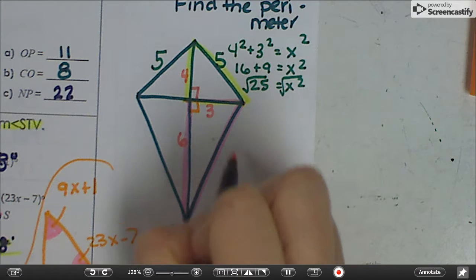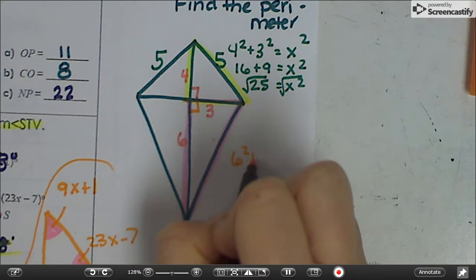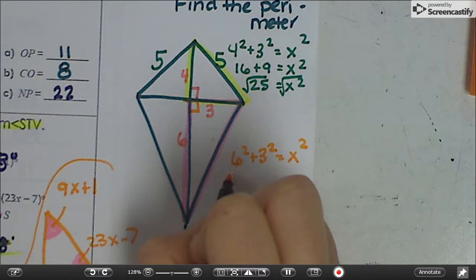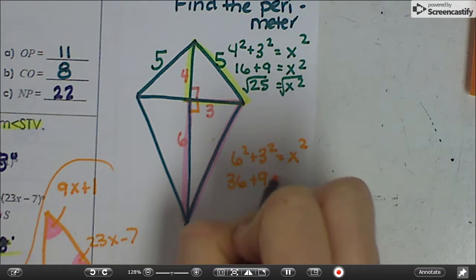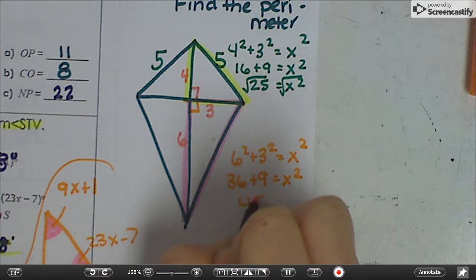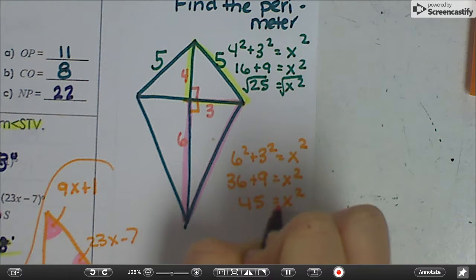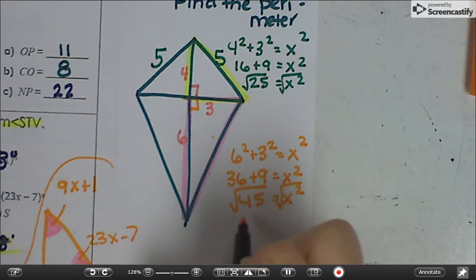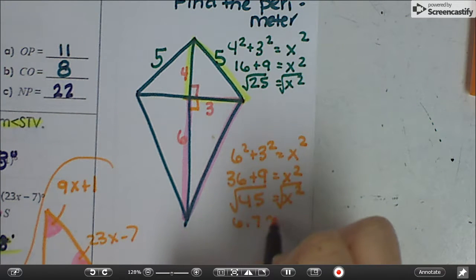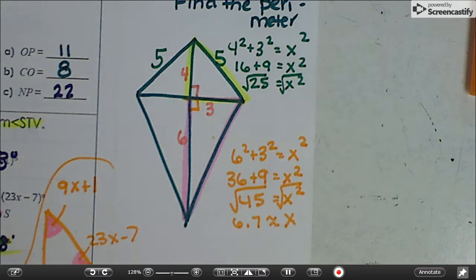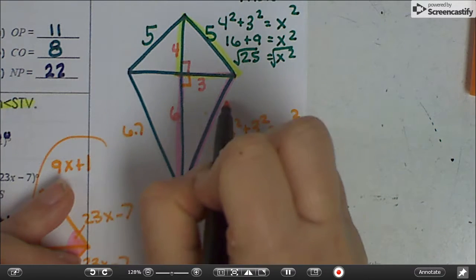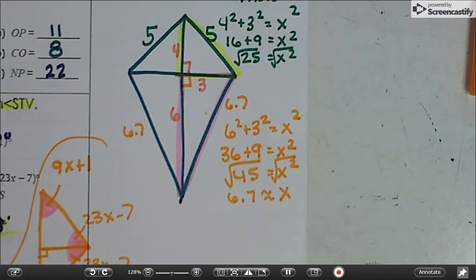We need to do the Pythagorean theorem again. 6 squared plus 3 squared equals x squared. I'm going to use the decimal equivalent, so it's about 6.7, which means that this side and this side are both 6.7.